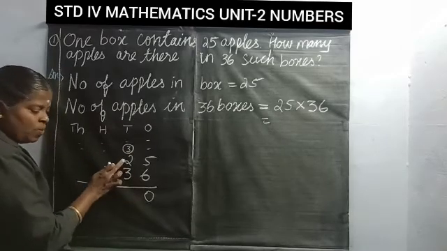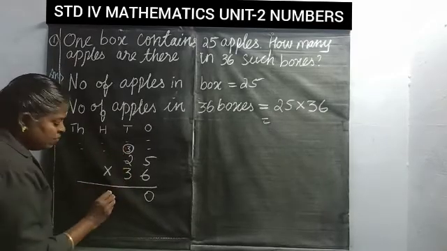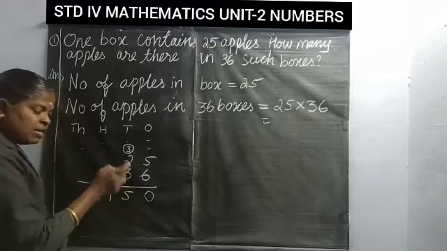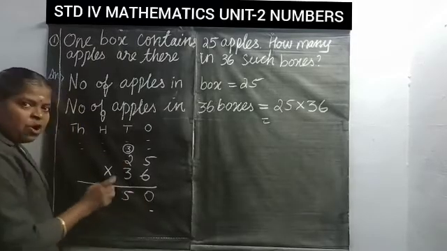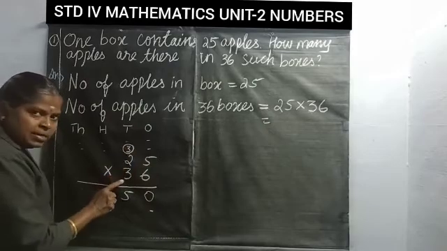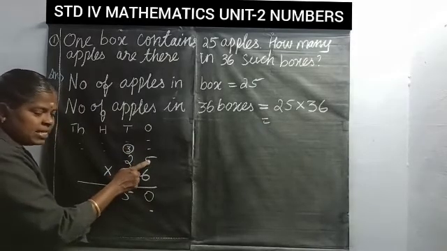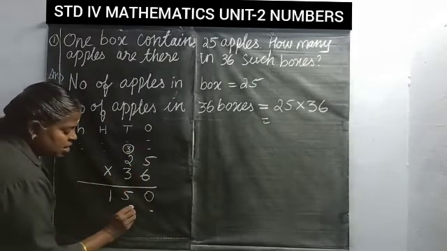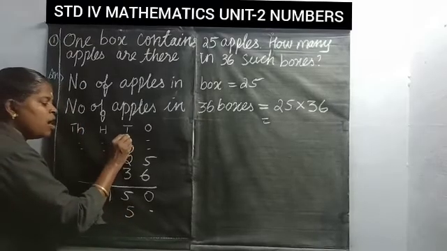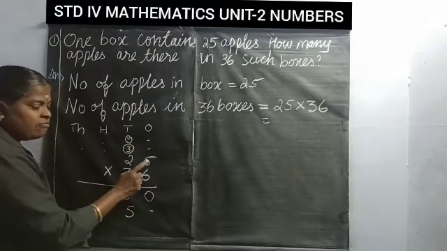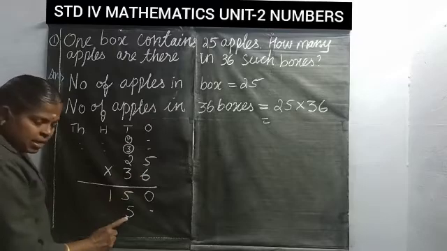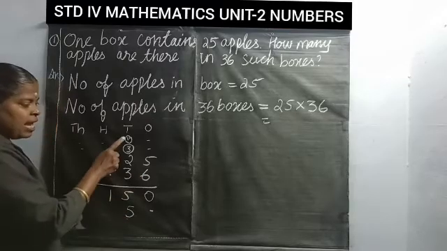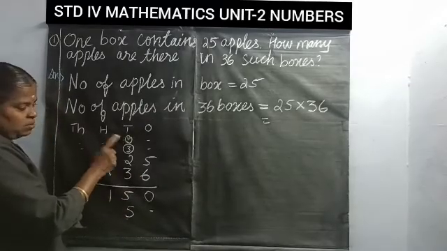After that we leave space for the ones. Start to multiply tens. 3 5s are 15. 5 we write in tens place and carry over 1.